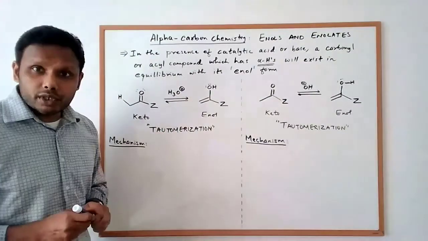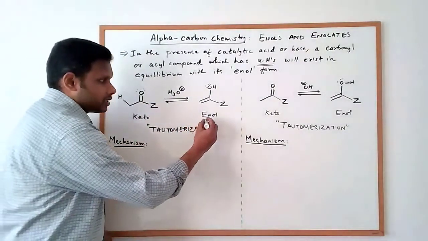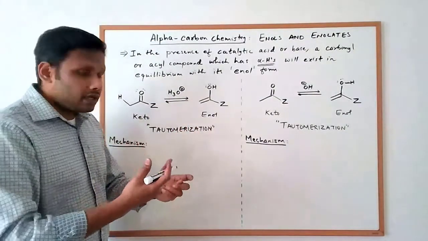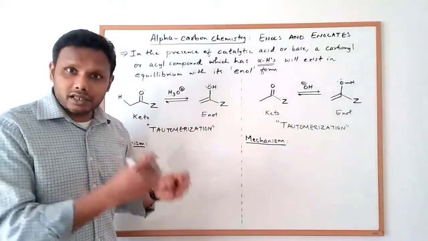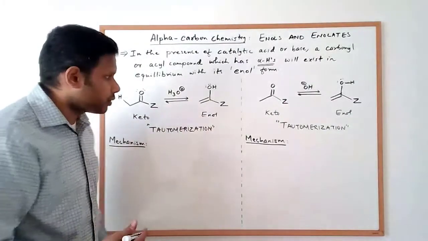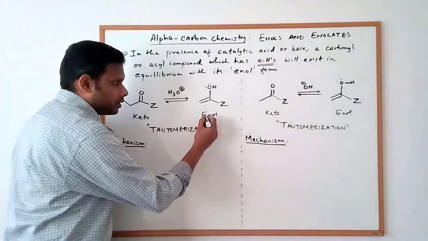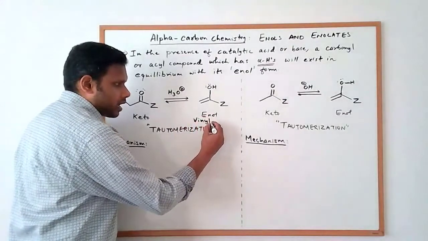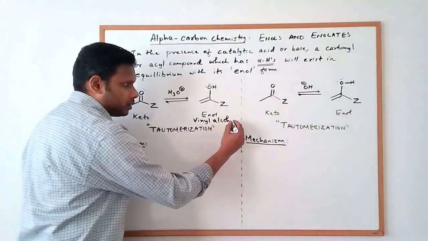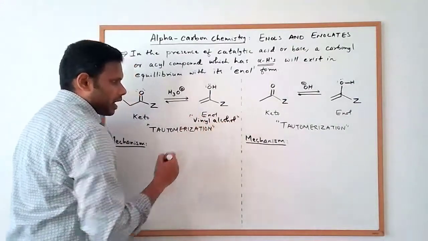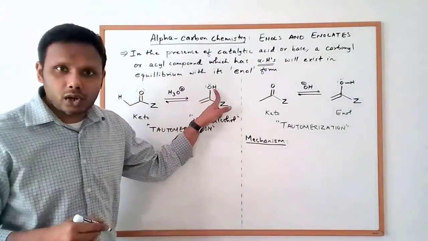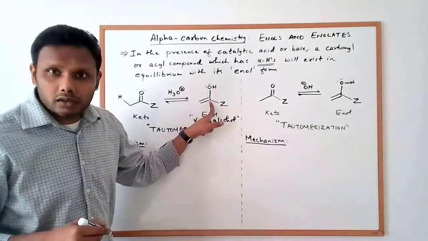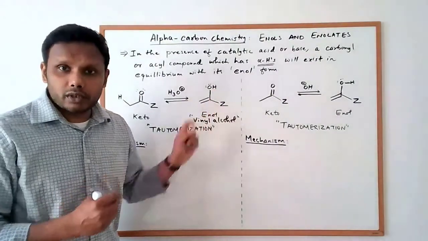Now, what's important to recognize here is that an enol is not any compound that has a double bond and a hydroxyl group on it. This enol here is specific. It is a vinyl alcohol. That means the hydroxyl group is on one of the double bonded carbon atoms.